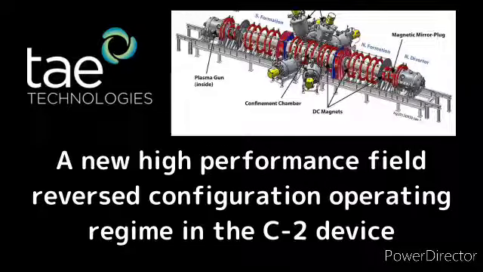Various experimental techniques have been tried on the C2 device to control the radial electric field in the FRC edge layer, with various degrees of success. We focus here on the end plasma gun data because it proves so far to be the most successful technique for E_r control. Thank you.